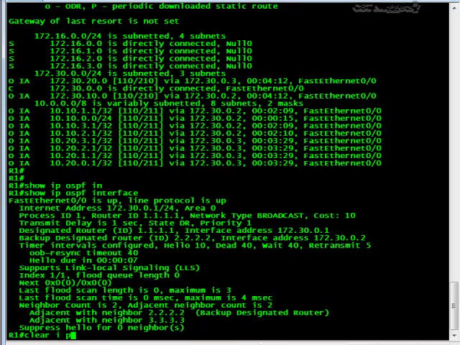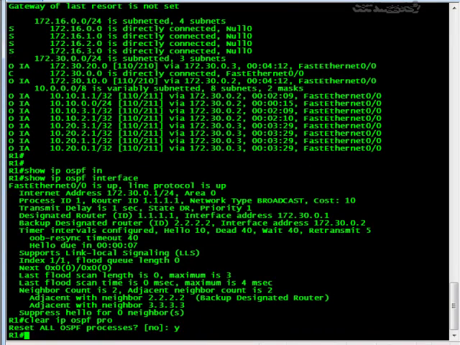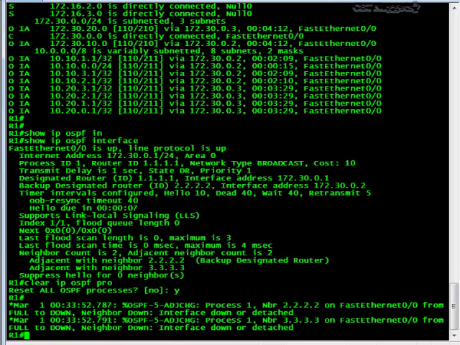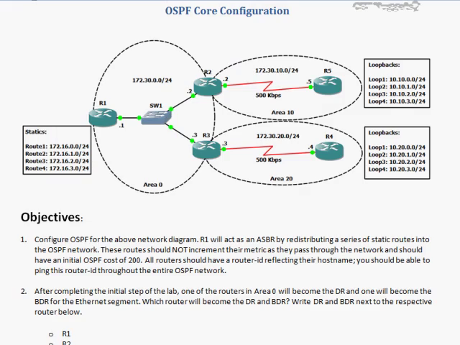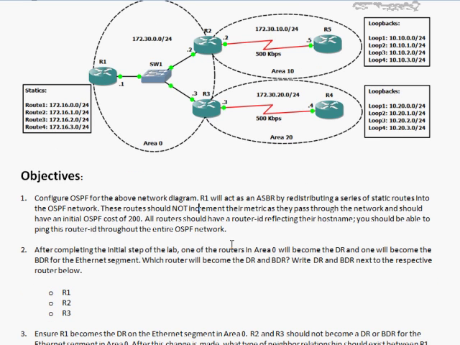I'm going to do a clear IP OSPF process, which will reset all OSPF processes on router 1. The reason I'm doing that is because router 1 is the DR because we just configured it first, and it said, well, I'm the only one here, so I'm the DR. Router 2 came online second, so it became the BDR, and router 3 became nothing because it just happened to be configured third.